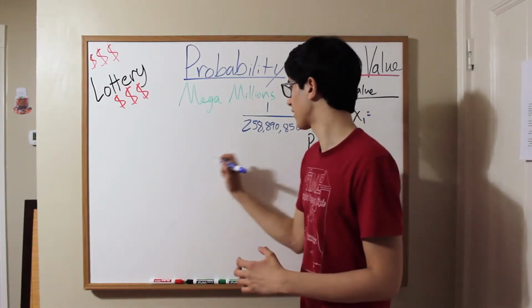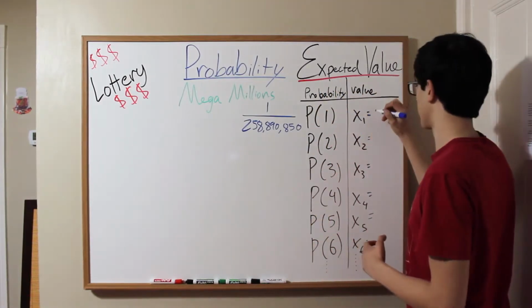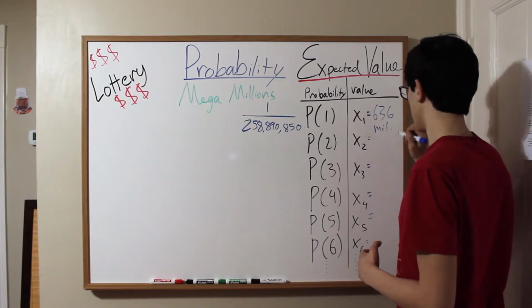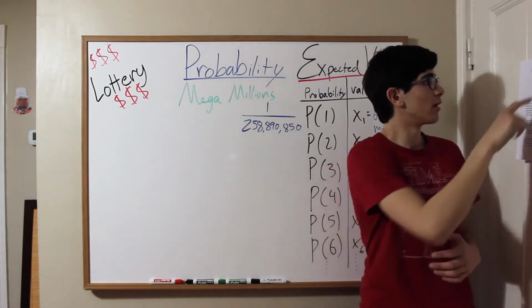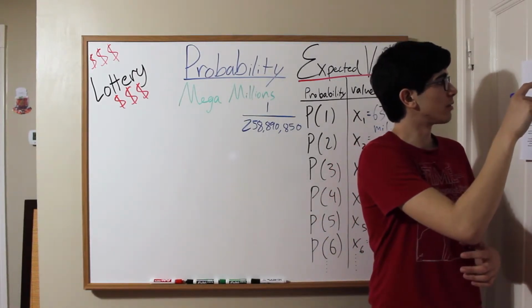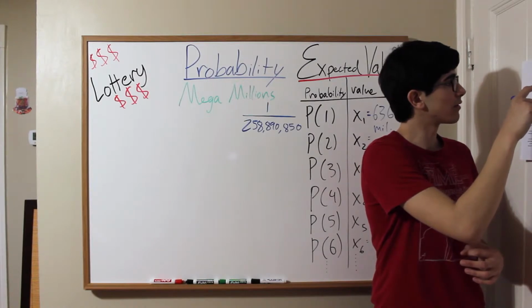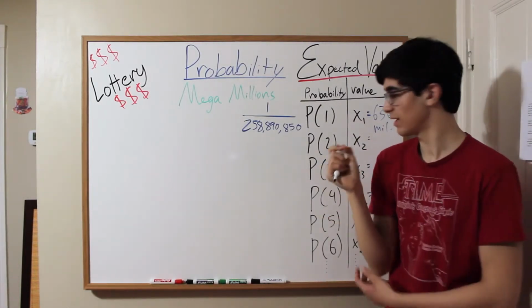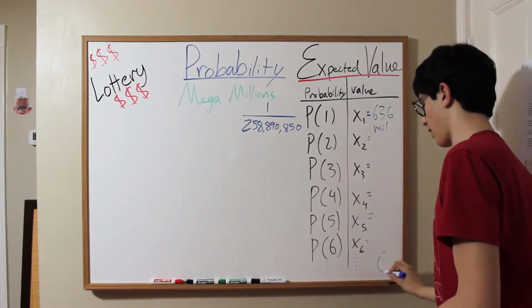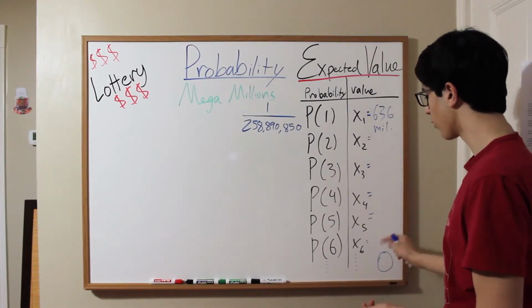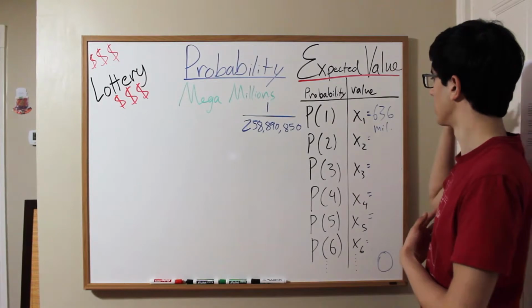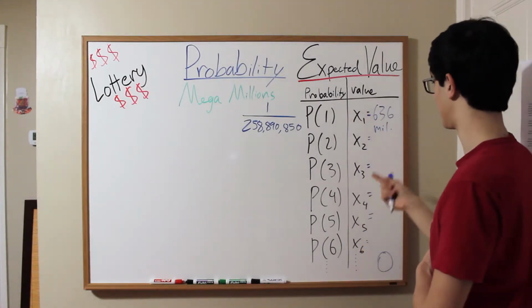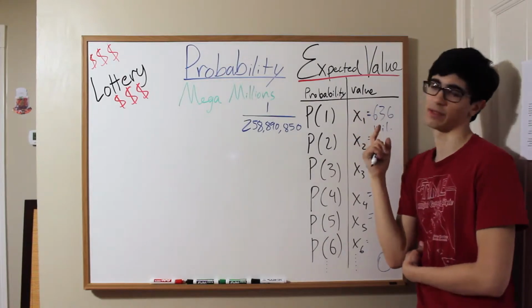So everything from 636 million down, I believe there are 10 options that you can get, the lowest being you get $0. So you can get 0, 1, 2, 5, 10, 50, 100, 5,000, 50,000, a million, 636 million.